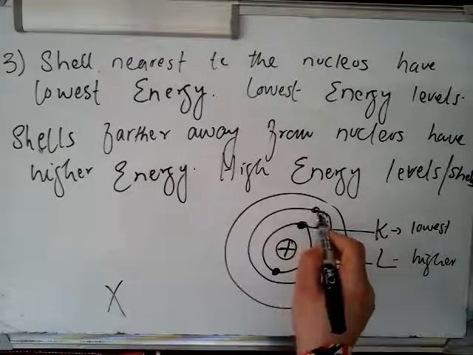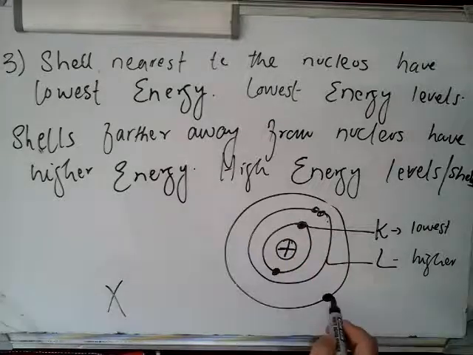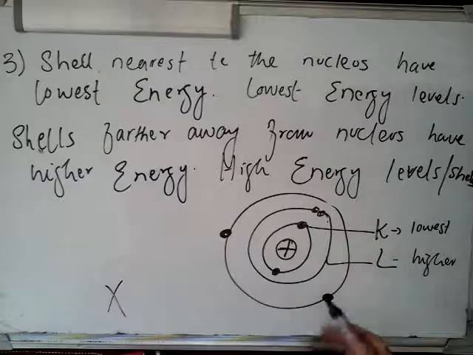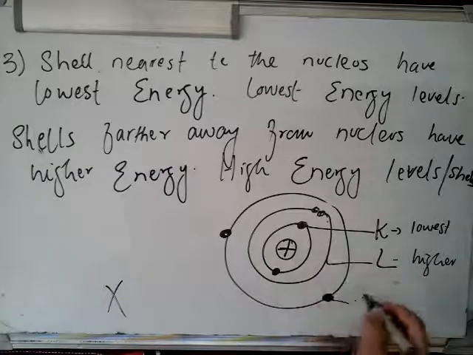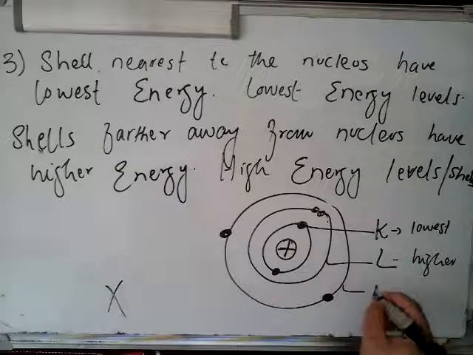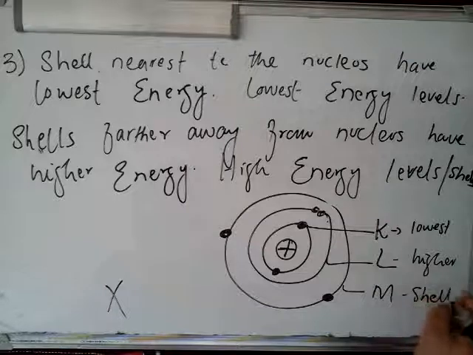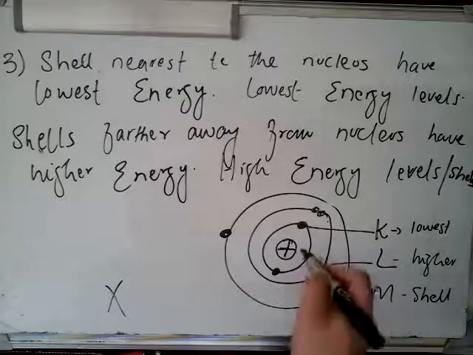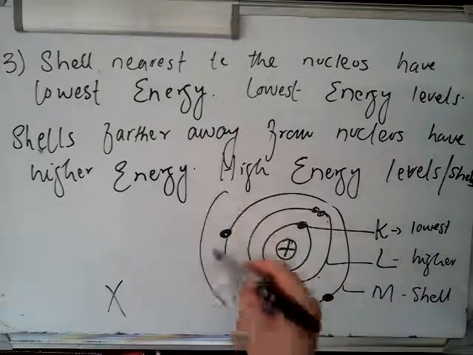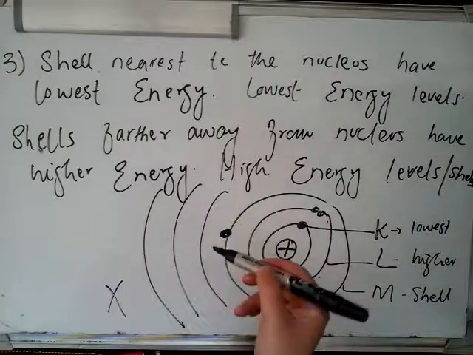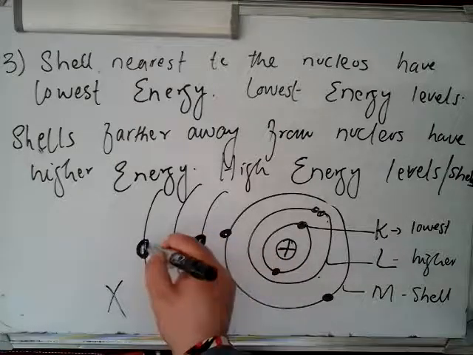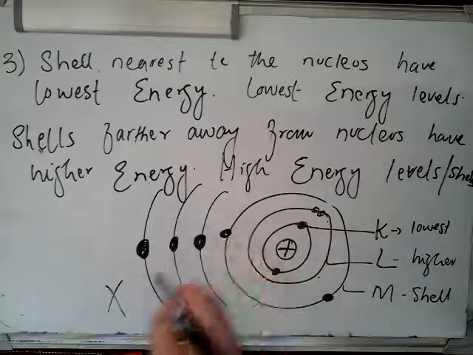Is that clear? So electrons which are in the L shell will have higher energy as compared to the first shell. Let's suppose this is the M shell, and its energy would be higher as compared to the L shell and K shell. So if the shells are increasing, the energy of the electrons will also increase.